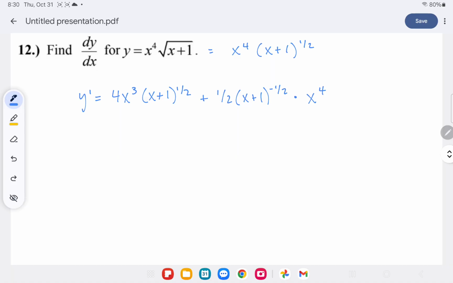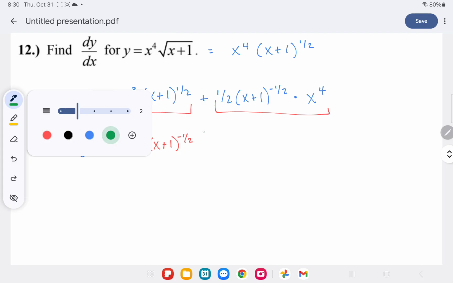What's tricky about this one is finding an answer that matches those multiple choice options that you can see on your end. So let's simplify. Between my 2 terms, I can pull out a 1/2 x cubed and an x plus 1 to the negative 1/2.